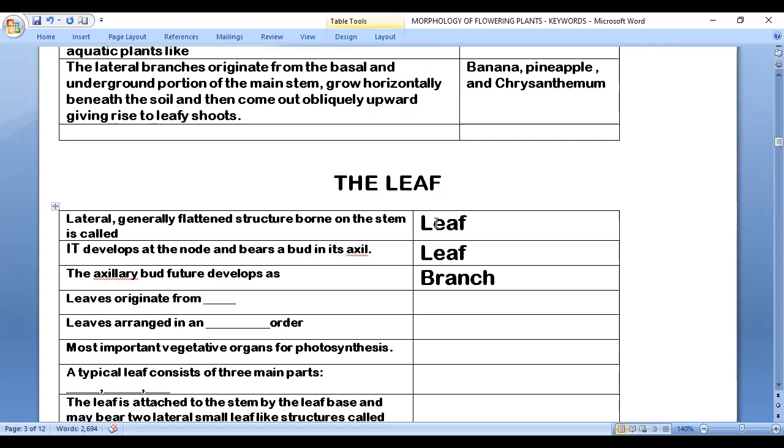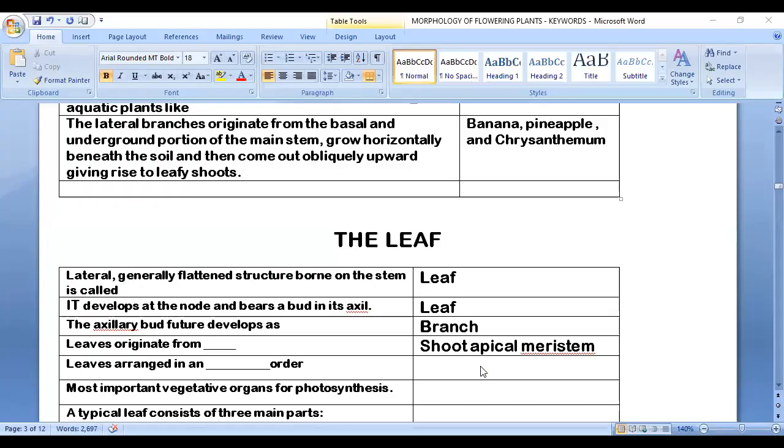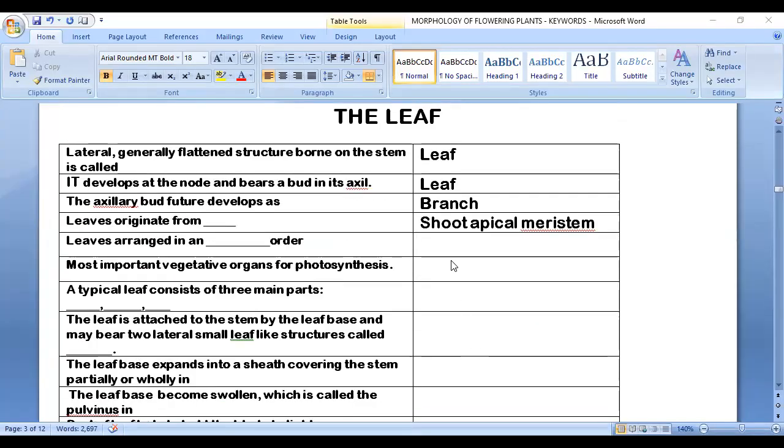Leaves originate from the shoot apical meristem. Leaves are arranged in acropetal order.